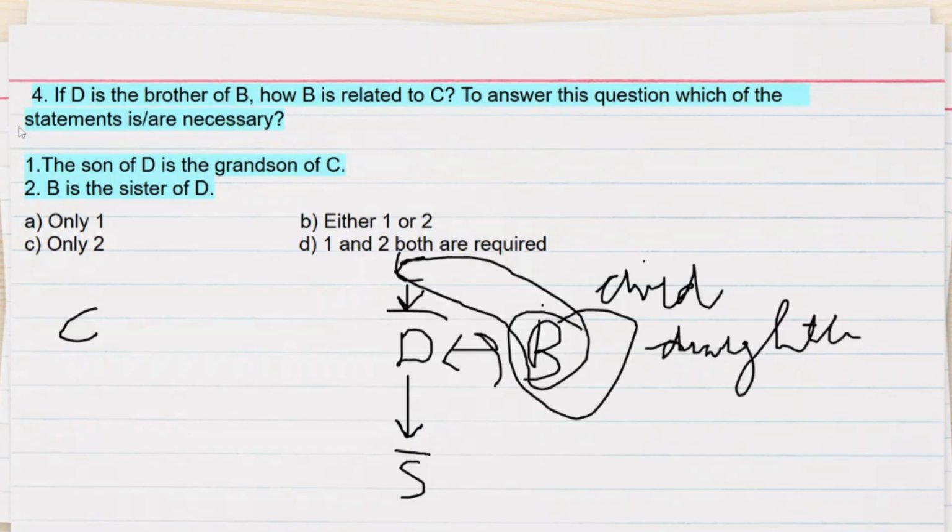So we need both of these statements in order to solve this question, right? Why so? Because from the very first statement we knew that B is the child of C, but we need the second statement in order to know whether it was the daughter or the son of C, right? Got it? So let's come to the very next question.